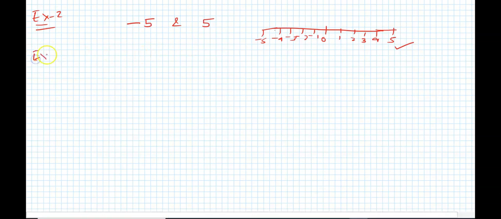Now let's take example 3. Here I'm putting the numbers 10, 20, -13, -15, and 0. We need to see which one is the biggest number with a negative sign.